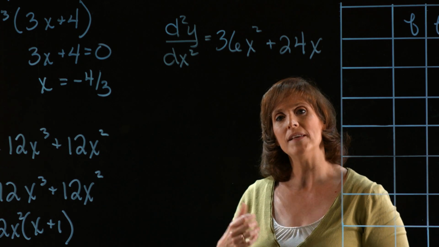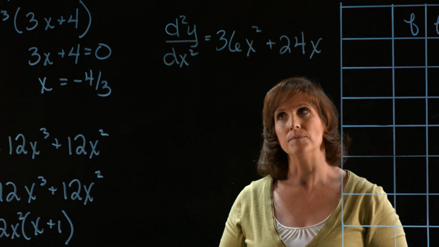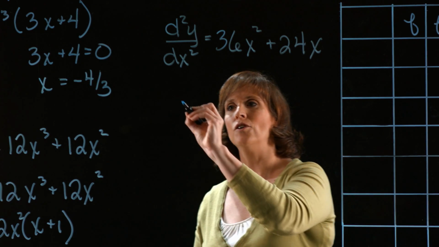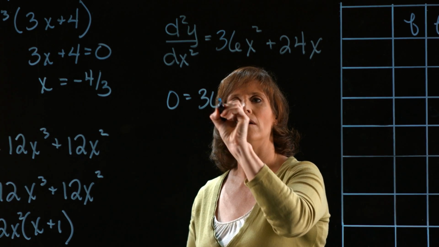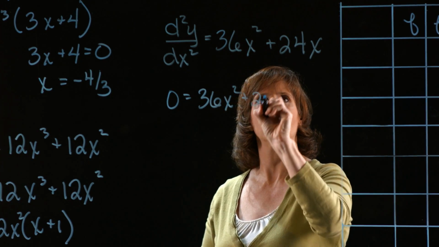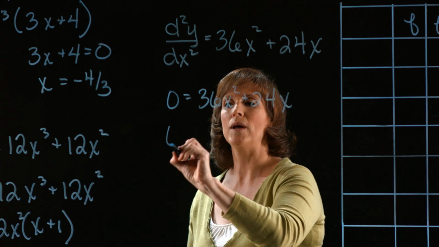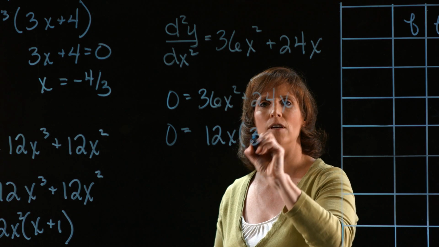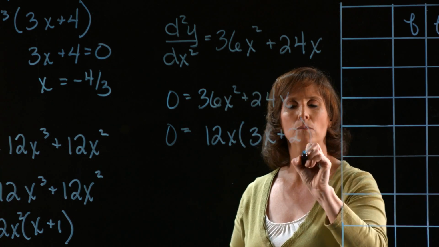Again, I'd like to know when this is 0 and when it's undefined. So it's never undefined, but it could equal 0. And we can factor out a 12x, and we're left with 3x plus 2.